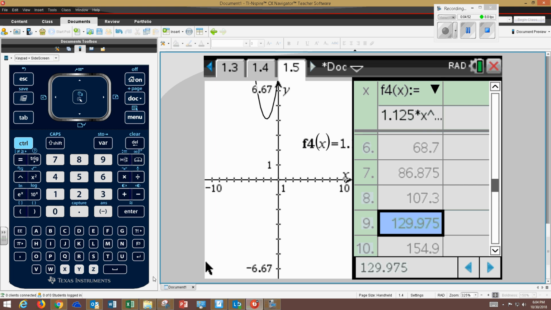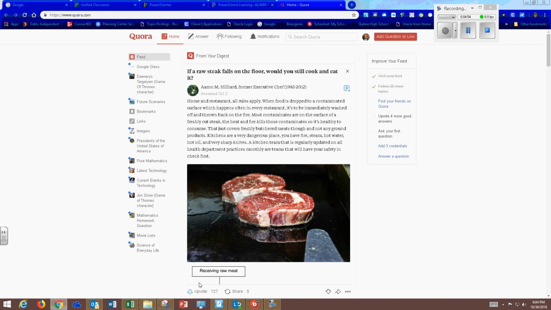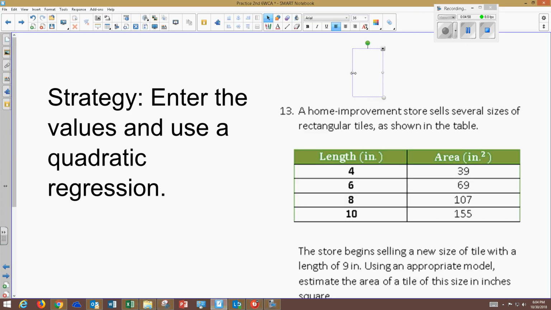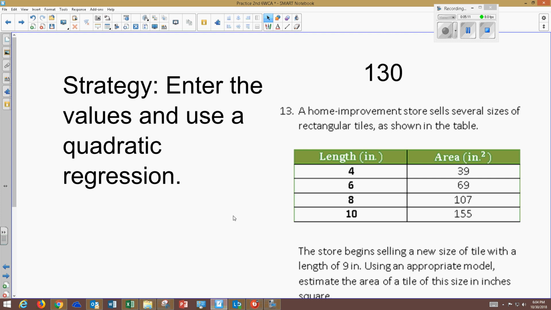So that helps us get our answer here. Okay, that gives us an area of 130.